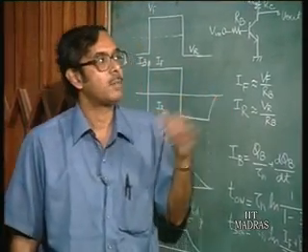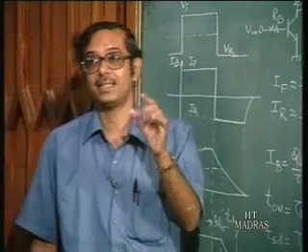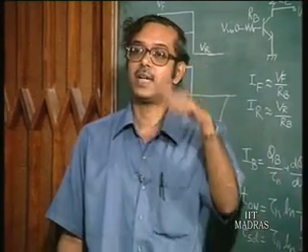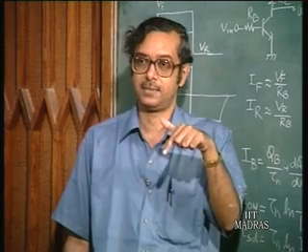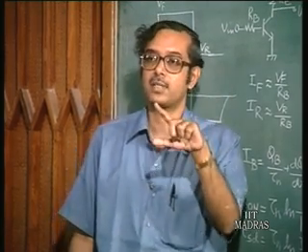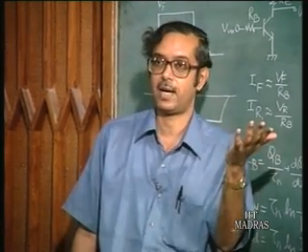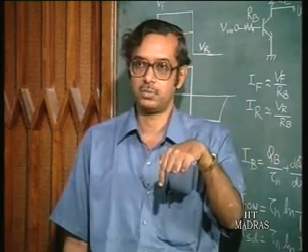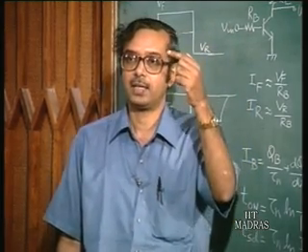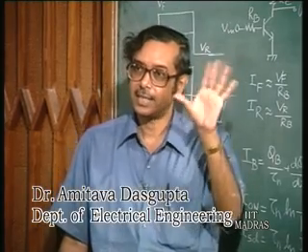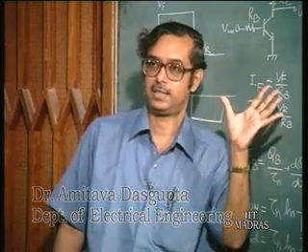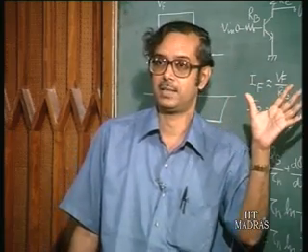Now, the diffusion capacitance is proportional to current, and current is inversely proportional to resistance. So what is the RC time constant going to be? That is independent of R change, because if R goes up, capacitance goes down because the current goes down. So the RC time constant does not change, independent of the change in resistance. That is diffusion capacitance.